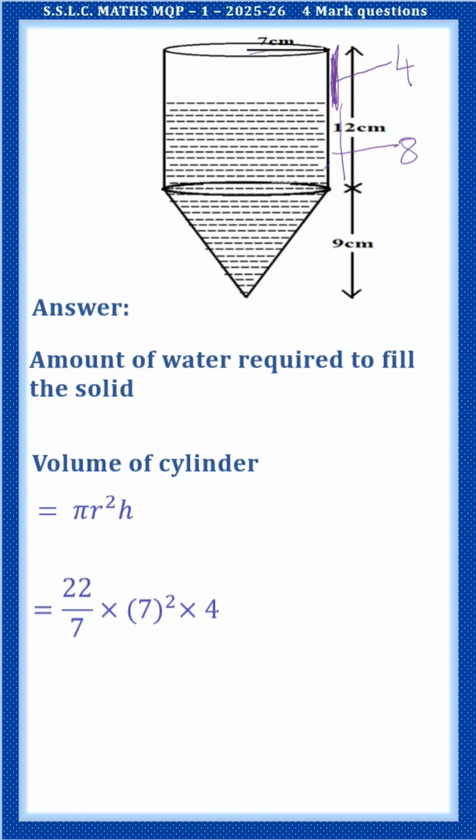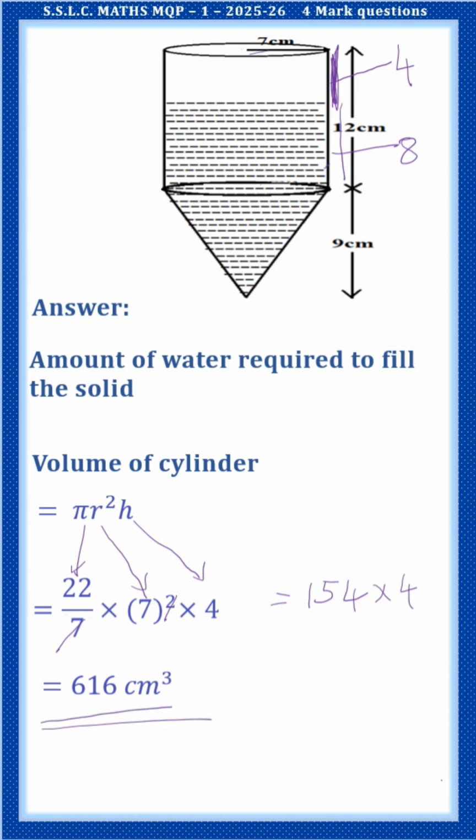Pi means 22 by 7, r square 7 square, h 4. Here 7 gets cancelled. That is 22 into 7 into 4, which is equal to 616 centimeter cube. So the amount of water required to fill the solid is 616 centimeter cube.